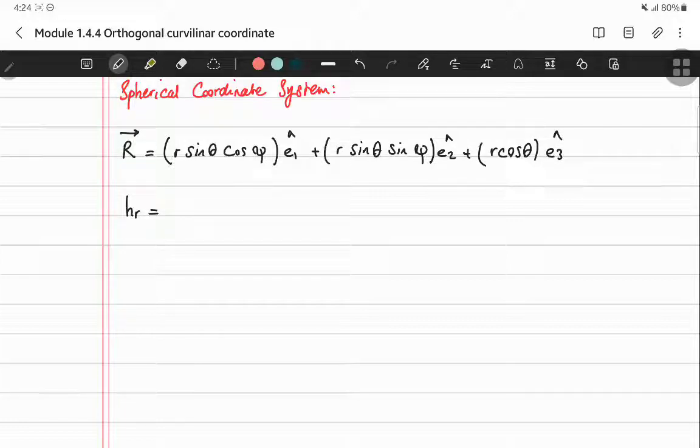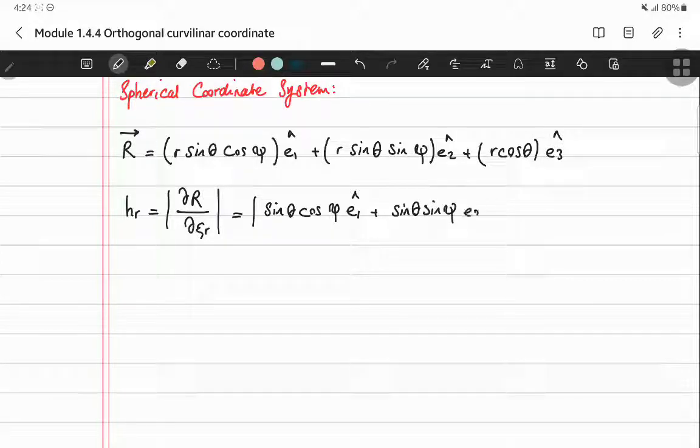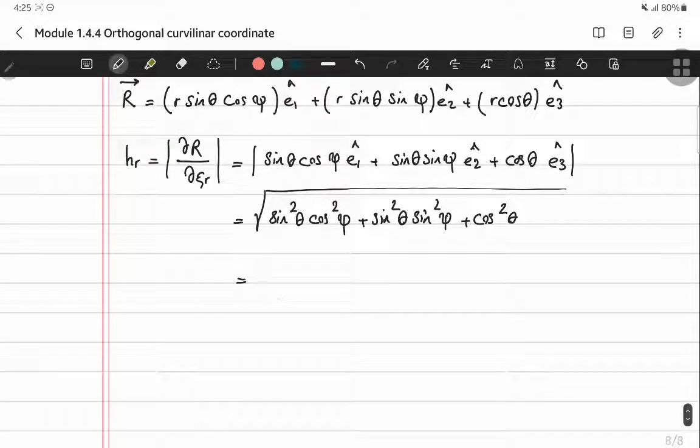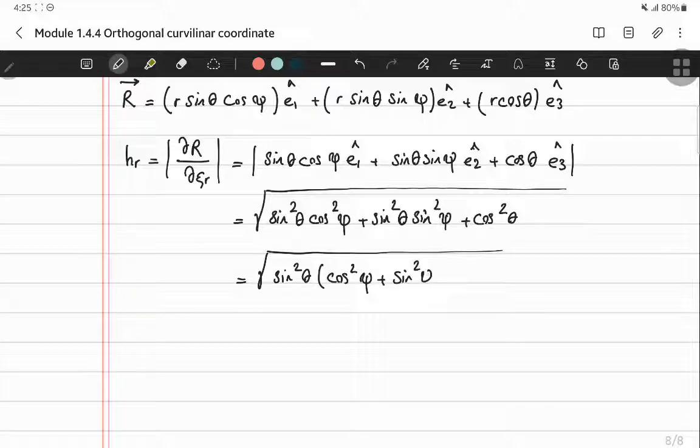So you have h r as the partial derivative of r with respect to z r, which is sine theta cosine psi e1 plus sine theta sine psi e2 plus cosine theta e3, which is equal to, this is sine squared theta cosine squared psi plus sine squared theta sine squared psi plus cosine squared theta, which is equal to sine squared theta times cosine squared psi plus sine squared psi, which is 1, plus cosine squared theta, which is 1.